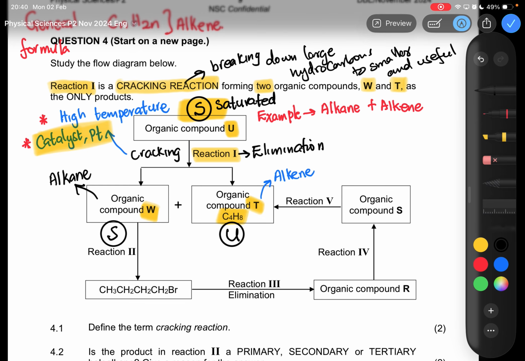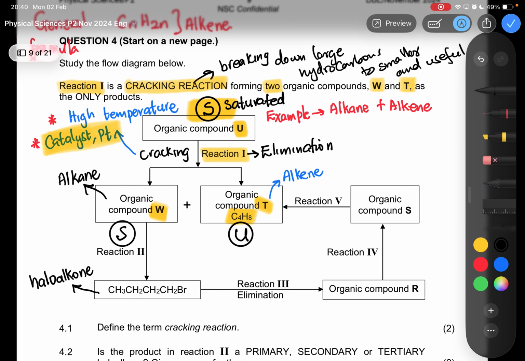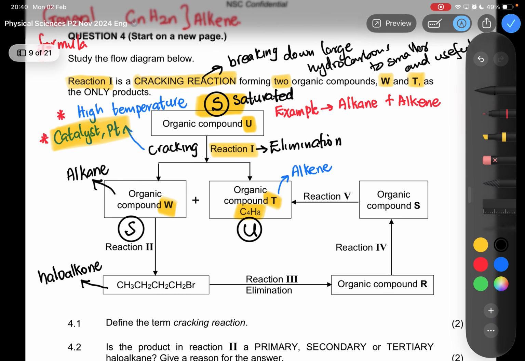So let us look at this compound here at the bottom: CH3, CH2, CH2, CH2, and Br. This is a haloalkane. So it's important to know the homologous series, because they can ask you to which homologous series the compound belongs. So this is a haloalkane. A haloalkane has no multiple bonds between its carbon atoms.